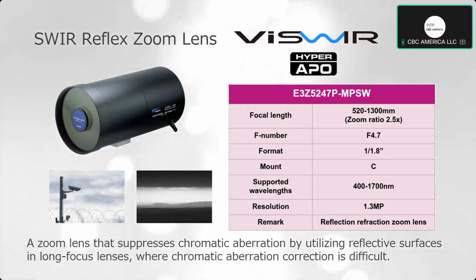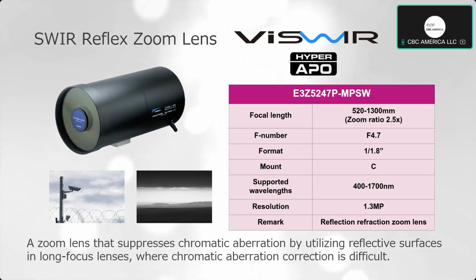On this slide, this is our SWIR reflex telephoto zoom lens. It's designed for security use. As those familiar with telescopes know, this is a lens with a structure that combines both reflection and refraction, known as the catadioptric method. From the perspective of optical design, it's very difficult to correct chromatic aberration in lenses with long focal lengths, such as 500 millimeters or even 1,000 millimeters, in that broad band of 400 to 1,700 nanometers.